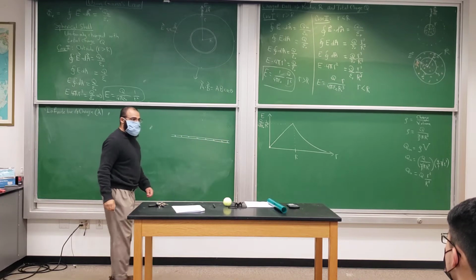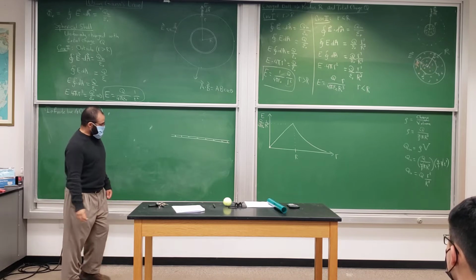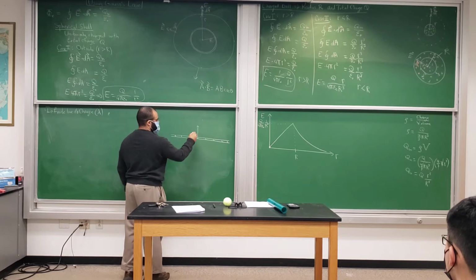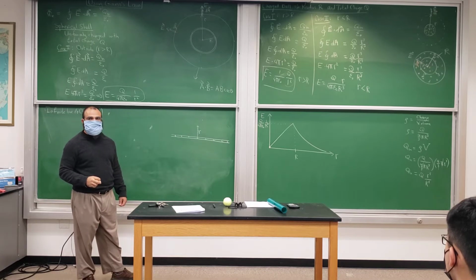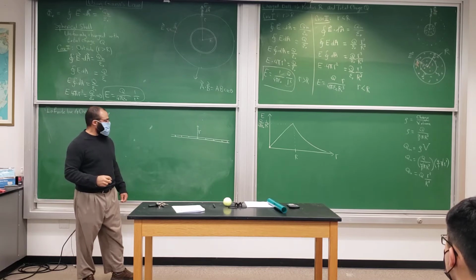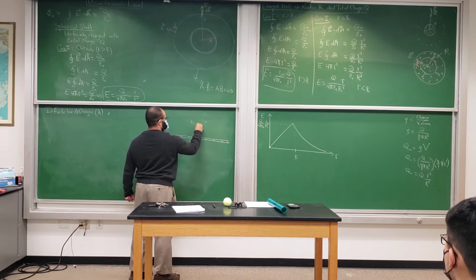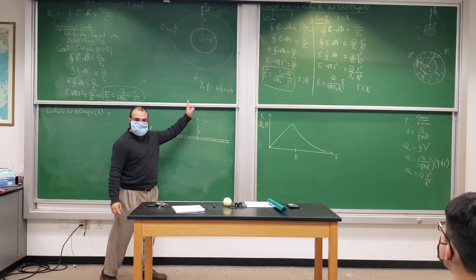Let's say I'm a distance r away. I'm here, a distance r away. In what direction would the field be? Would it be this way, or this way?